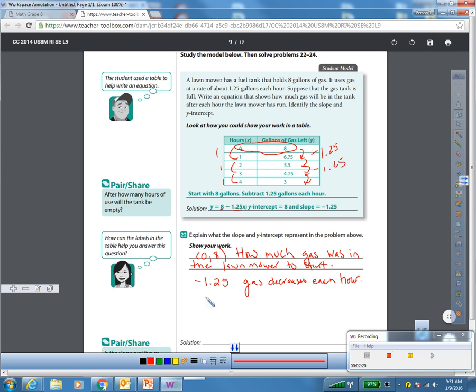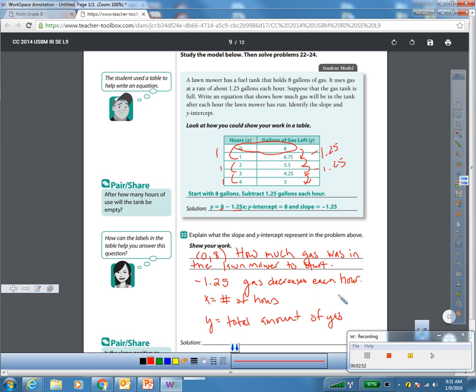And then the x would be the number of hours, just so you know in the equation, and then the y would represent the total amount of gasoline. So we kind of just talked through this problem a little bit, so we could look at each of the variables in slope and y-intercept.